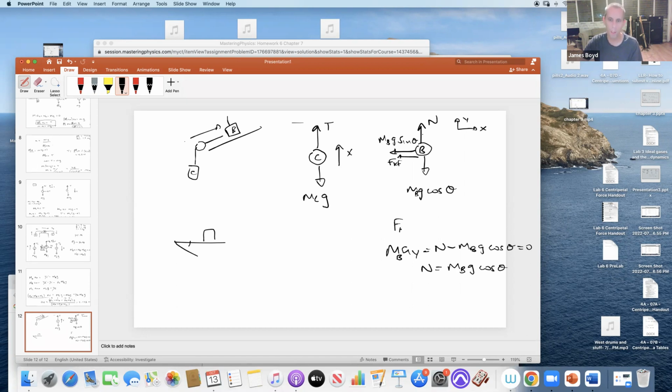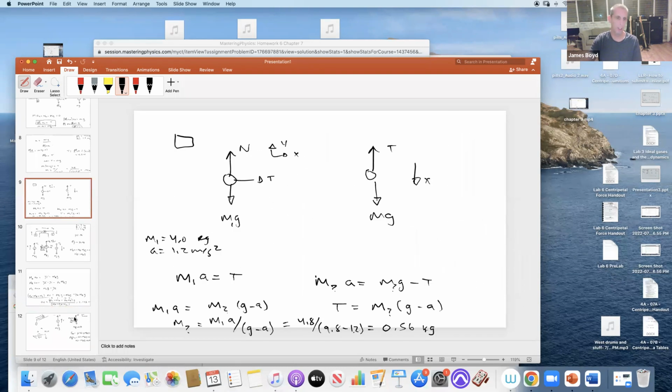My force of kinetic friction is mu n, or mu m_book g cos theta. Now I need to figure out the acceleration because I know that it has some initial velocity. It's going to go up some distance. This is x initial is 0. It's going to have some x final, and v final will be 0.